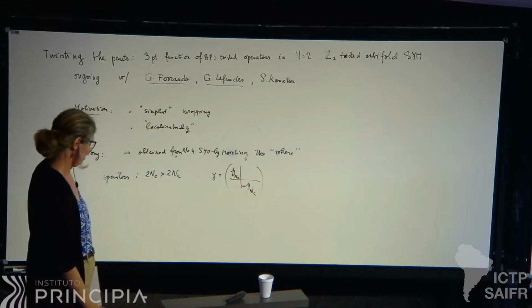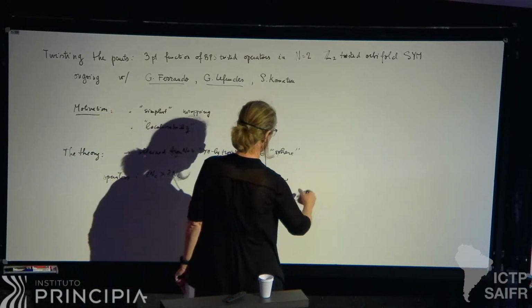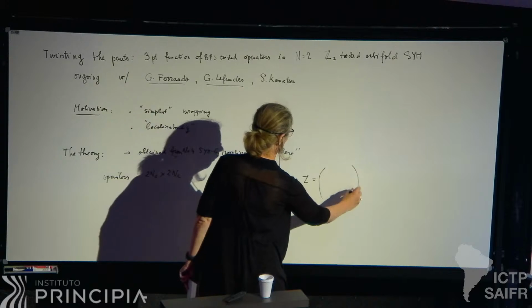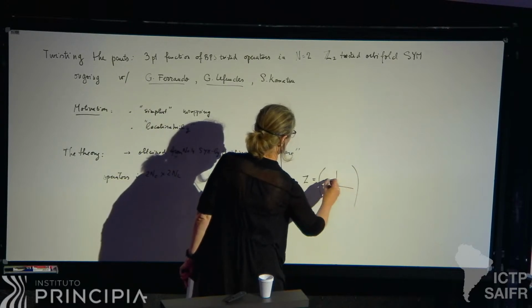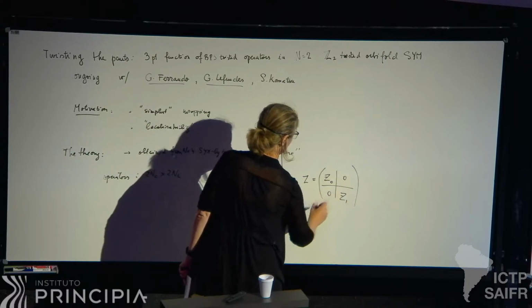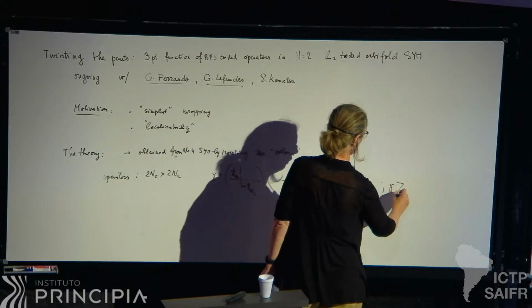And all the fields are matrices 2NC by 2NC. So for example, the operator that we call Z will have a diagonal structure like Z0, Z1, such that it commutes with the twist.